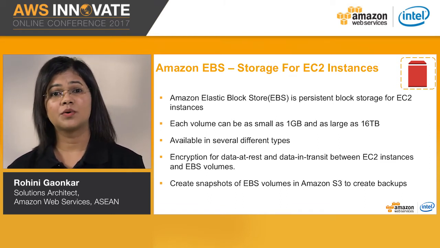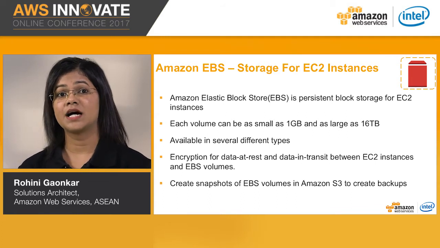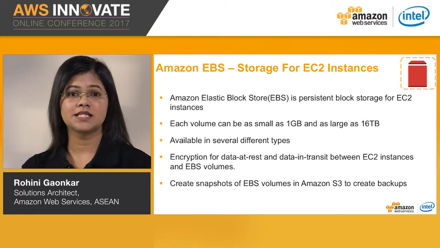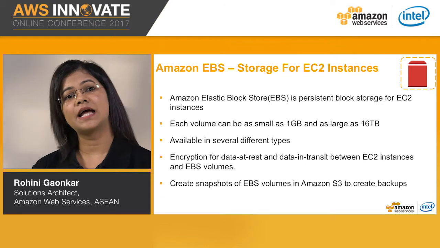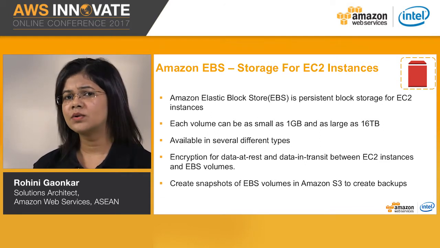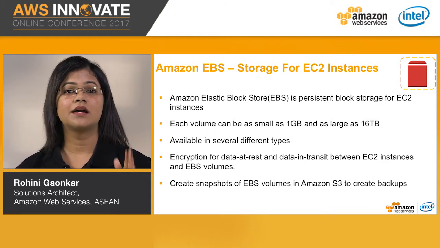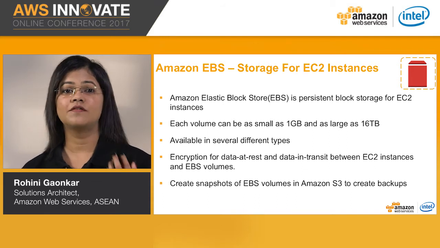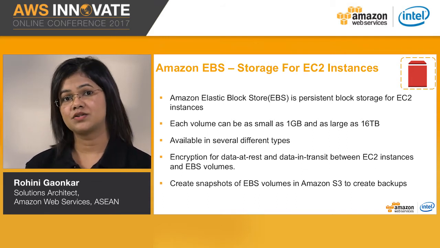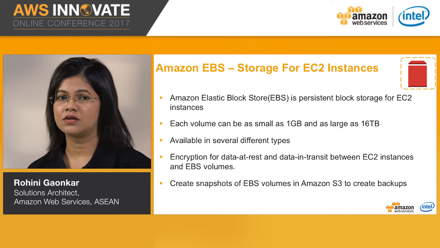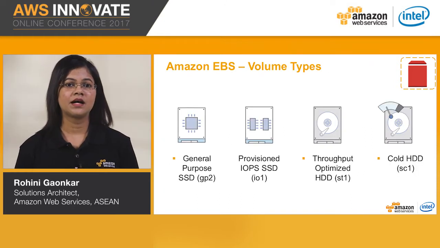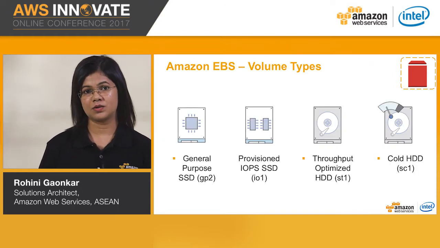EBS encryption provides seamless support for data at rest and data in transit between EC2 instances and EBS volumes. You can protect your data by creating point-in-time snapshots of EBS volumes which are backed up to Amazon S3 for long-term durability.